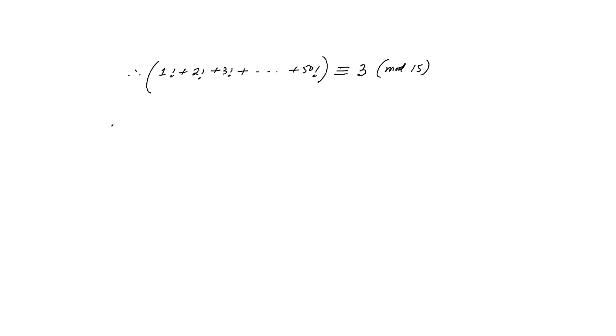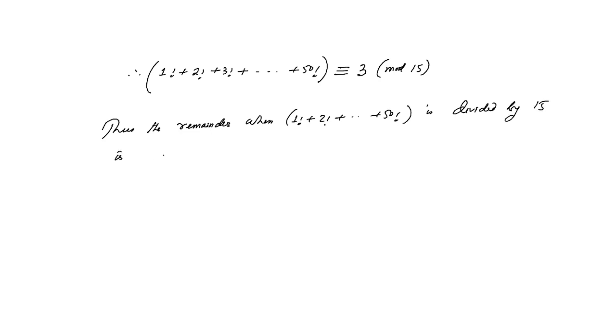So thus the remainder, when 1 factorial plus 2 factorial up to 50 factorial is divided by 15, is 3.